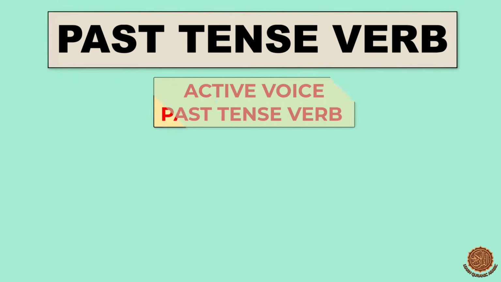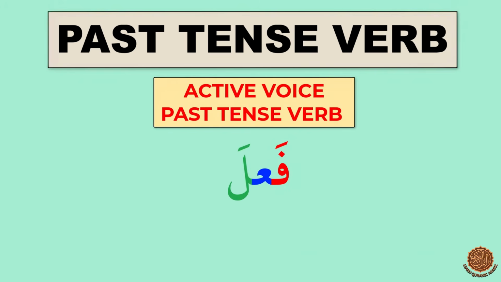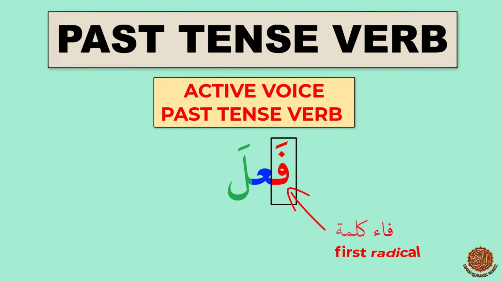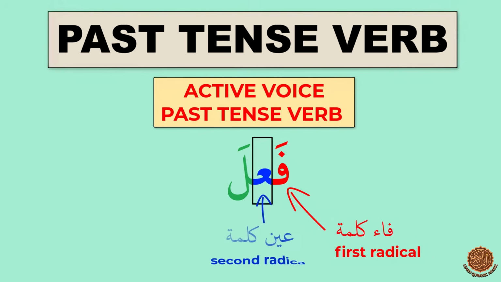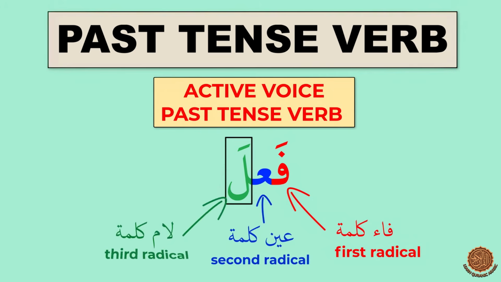Any active voice past tense verb will have three base letters. Each of these letters represents one of the three letters of any past tense verb. The first radical, which we call the fa kalima, the fa of the word, is the first letter. The ayn of the word, or ayn kalima, is the second radical. And the lam kalima, the lam of the word, is the third radical. What you notice on the fa and the lam is a fatha.